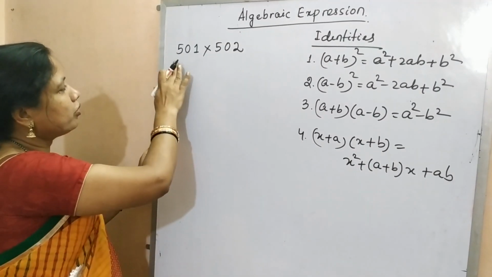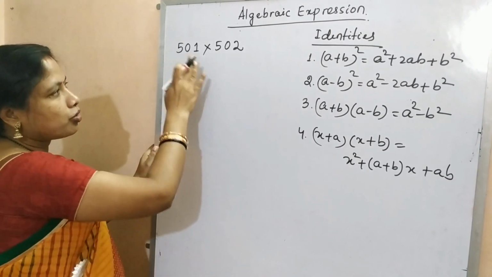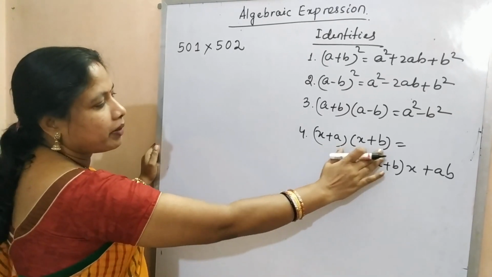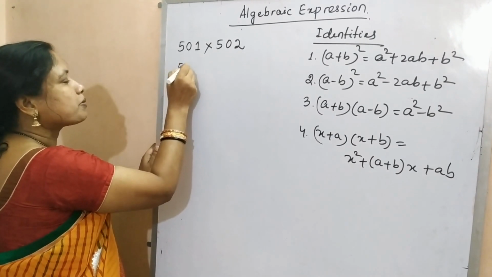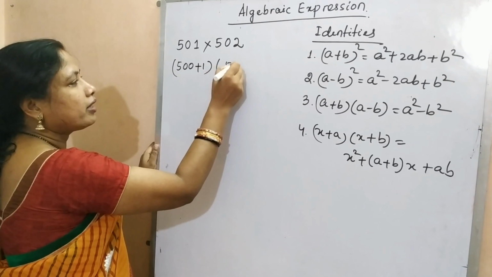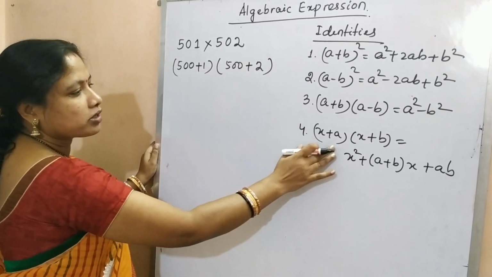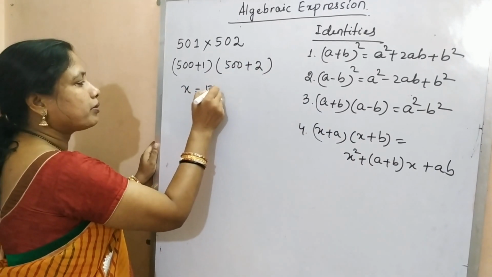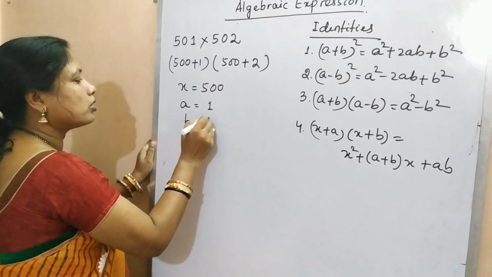Next example, 501 multiplied with 502. We can convert it into the identity x plus a multiplied with x plus b. How? 501 can be written as 500 plus 1 multiplied with 500 plus 2. So this is in the form of x plus a whole into x plus b. Here x is equal to 500, a is equal to 1 and b is equal to 2.